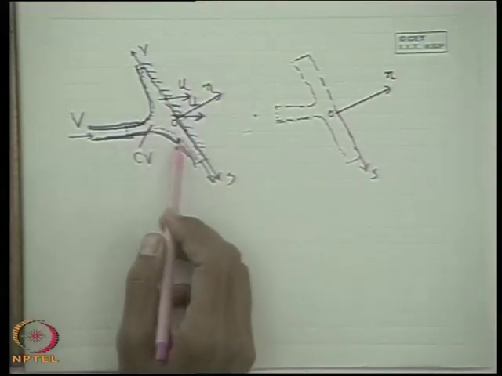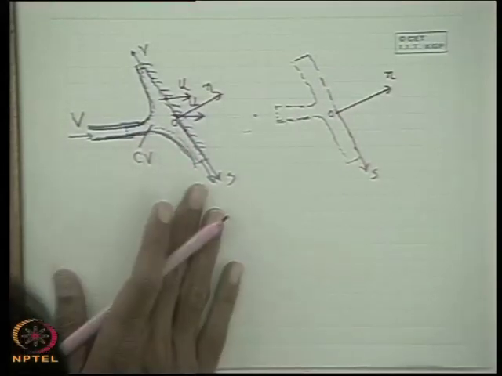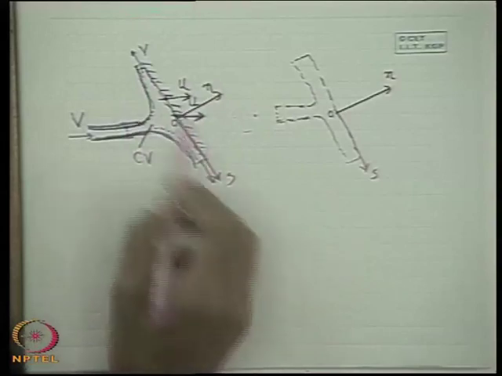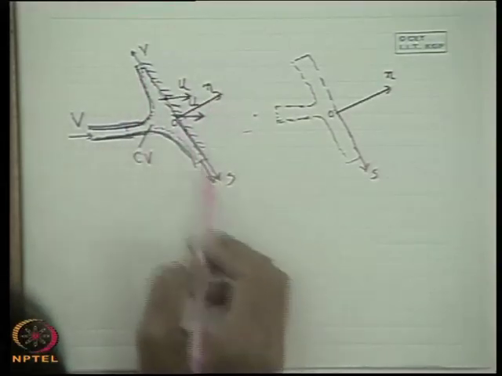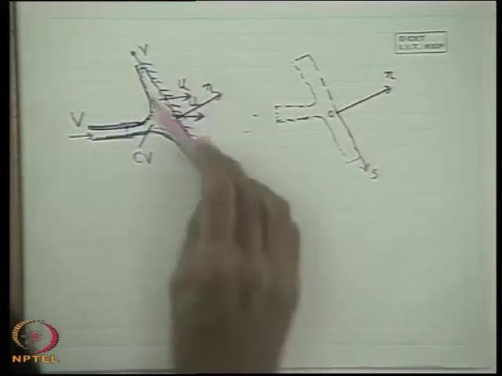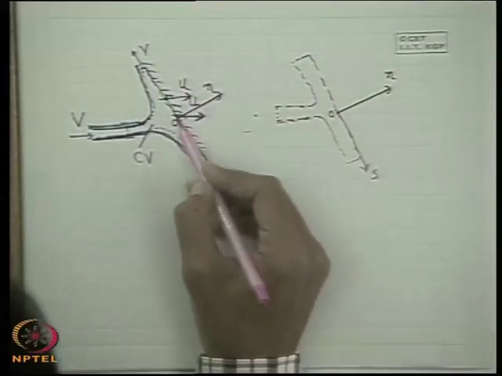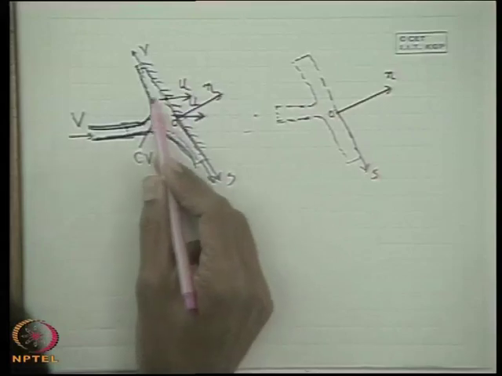That means though the actual flow is unsteady from an absolute frame of reference, with a moving frame of reference the flow will be steady. If I take a moving frame of reference OS ON which is displaced with the same velocity u, then with respect to this axis the flow will be steady.